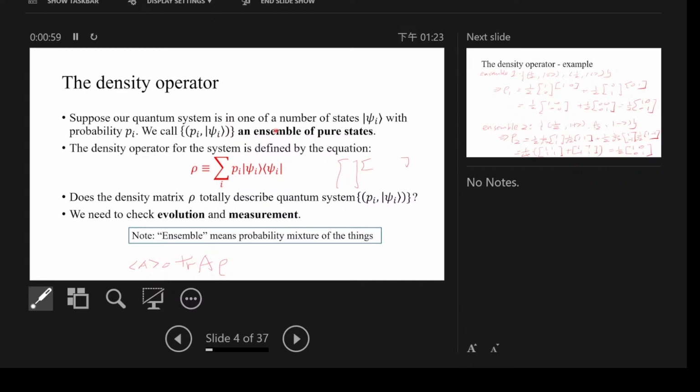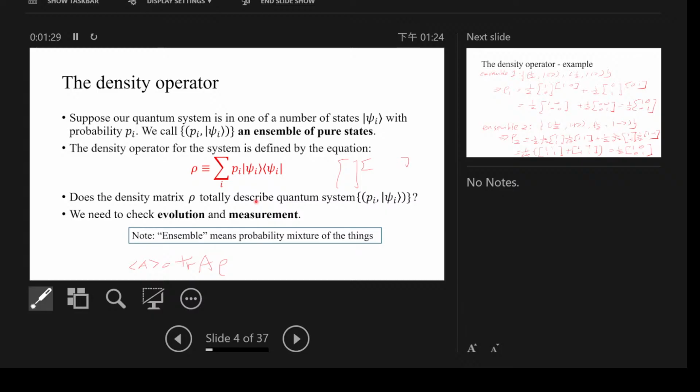If you have an ensemble of pure states that come with some probability p_i, then you can define a density matrix as this average according to your probability p_i over the projectors onto your states, the outer product psi ket, psi bra. So this thing is a summation of a bunch of matrices, and it's a matrix.